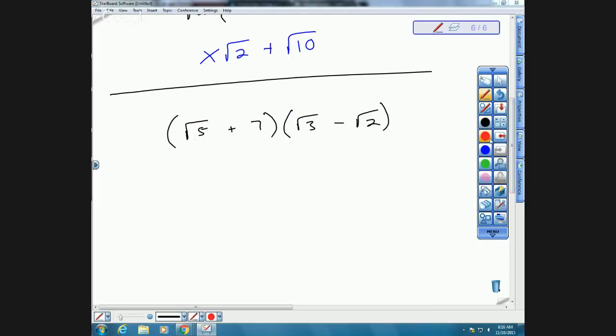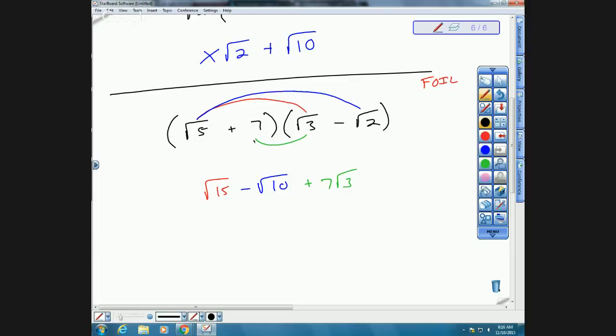If you have the distributive property, that means you can also FOIL. So square root of 5 times the square root of 3 would be the square root of 15. Square root of 5 times negative square root of 2 would be negative square root of 10. 7 times the square root of 3 would be 7 square roots of 3.